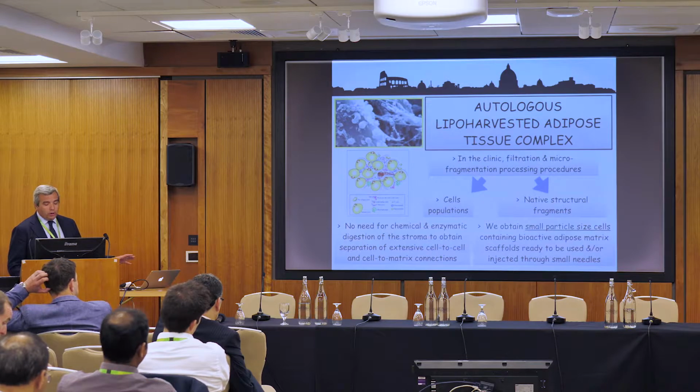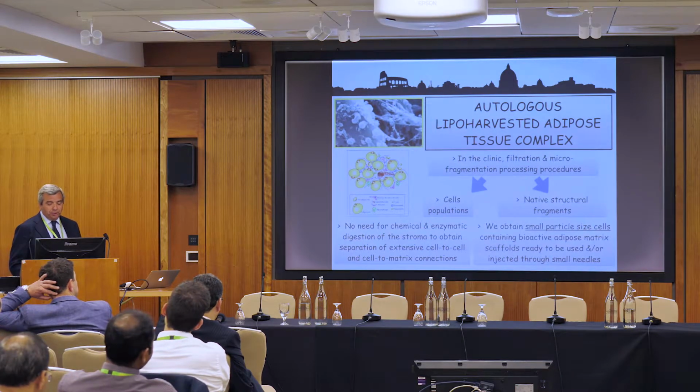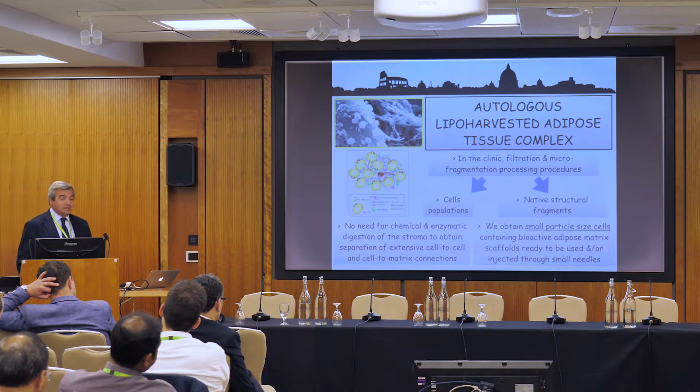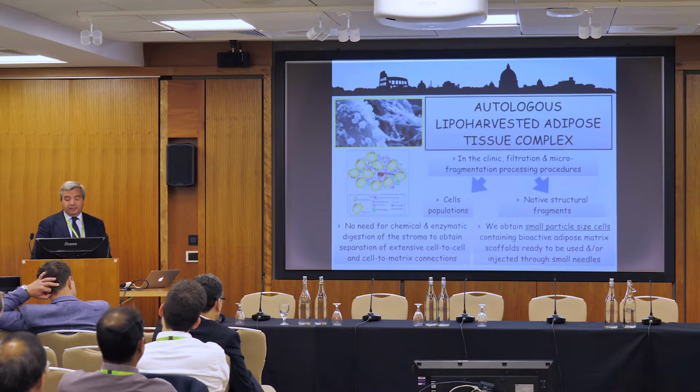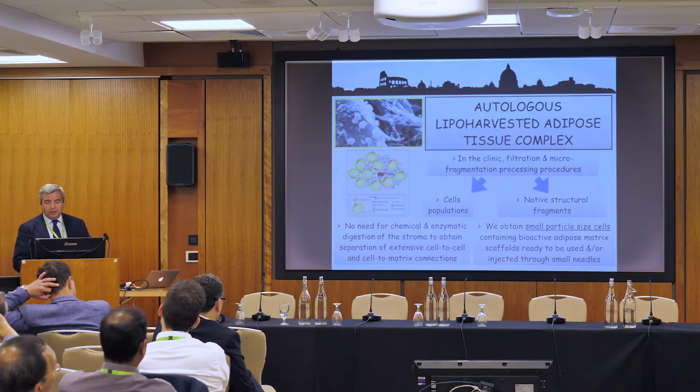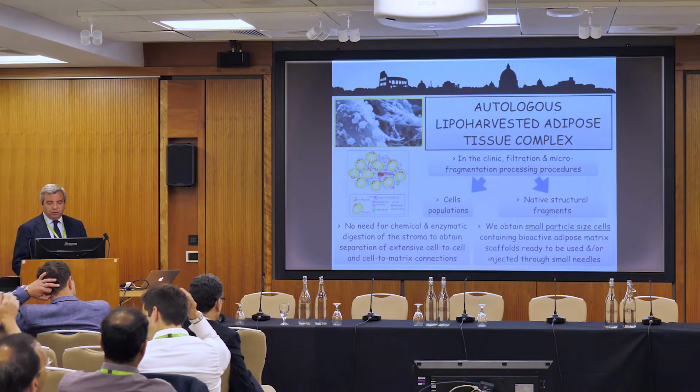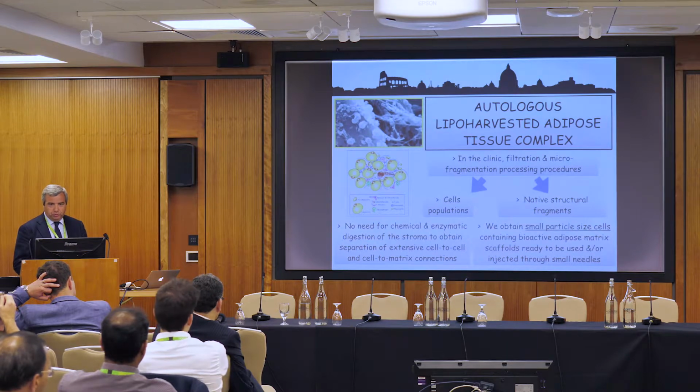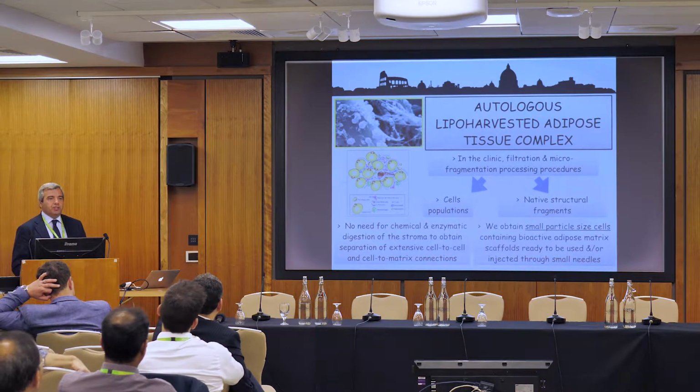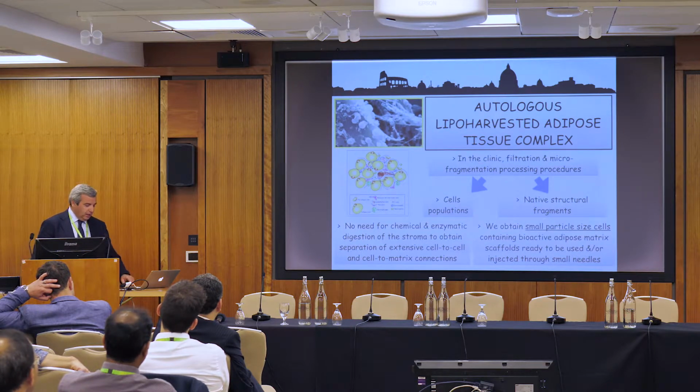So no chemical and enzymatic digestion of the stroma to obtain separation of the very extensive cell-to-cell and cell-to-matrix connections. And at the same time, we obtain small particle size cells containing bioactive adipose matrix scaffolds ready to be used. As you know, you can use them just as an injection therapy through small needles, or you can also use them, as I'll show you in my technique, in cartilage repair procedures.